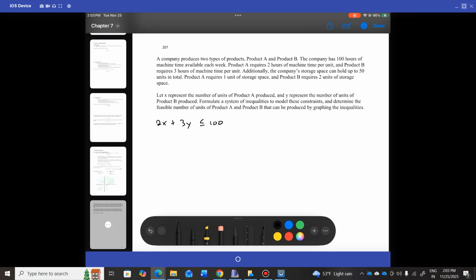And then storage space can hold up to 50. So product A requires 1 unit of storage space, so that's just X. Product B requires 2 units, so 2Y, less than or equal to 50.